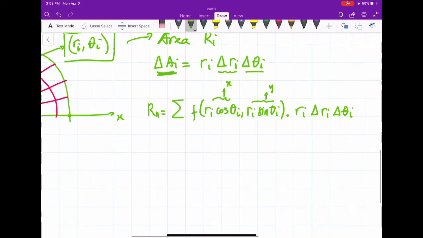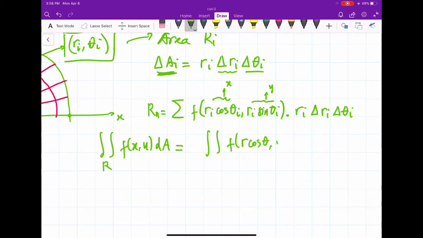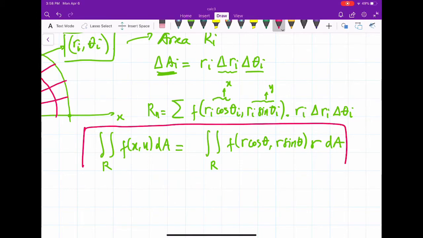If you consider a limit, we have the following: the double integral of our function f dA is equal to the integral of f of r cosine theta, r sine theta, times r dA. Here is r. Makes sense?